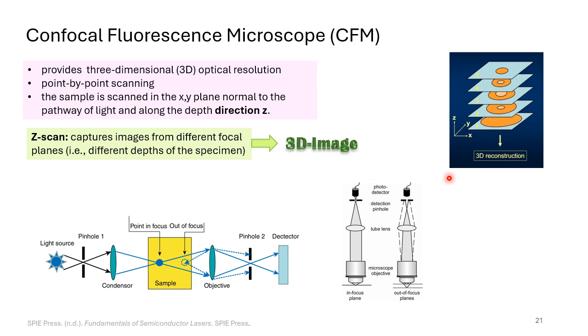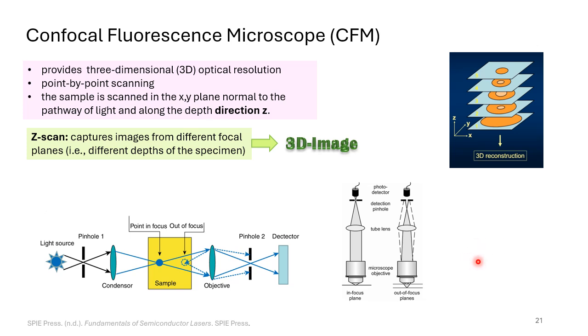So the confocal fluorescence microscope shows a high optical resolution, and it scans a very small region of the sample. The scanning process is a point by point scanning.